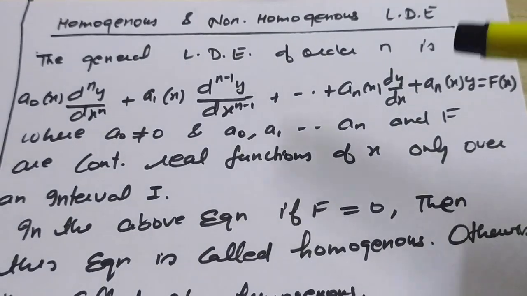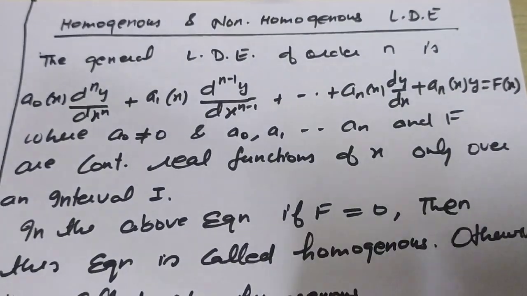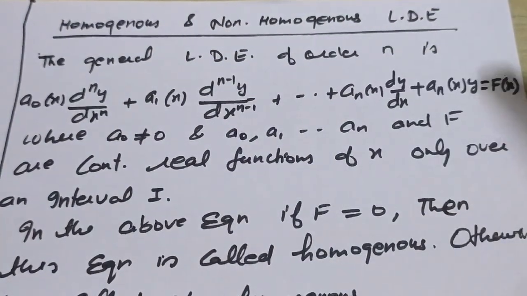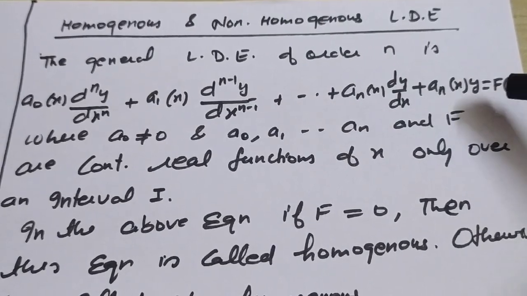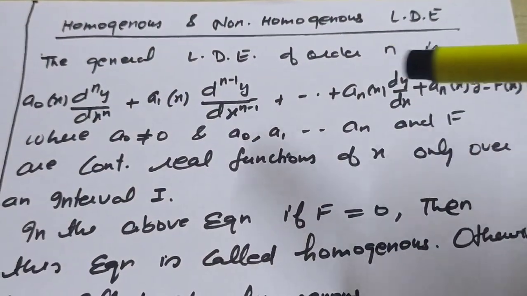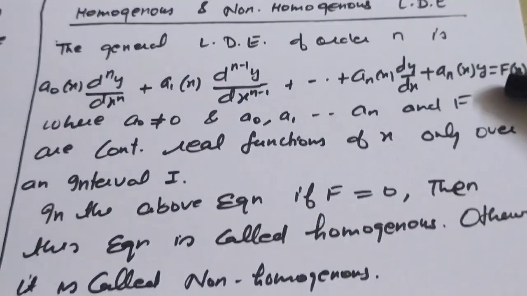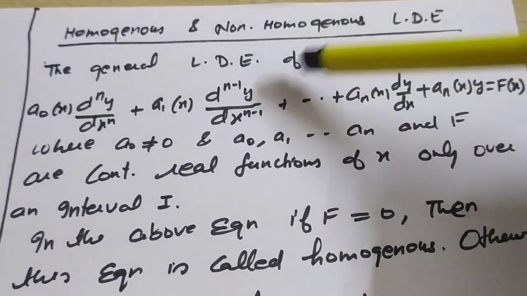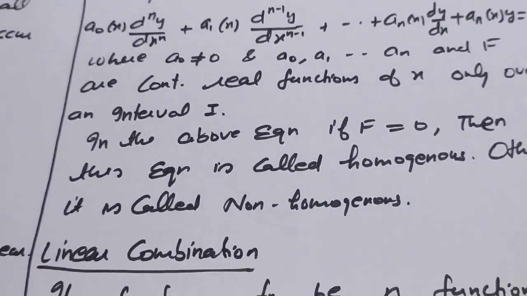If in this equation this F(x) is 0, then you say that this LDE is homogeneous. If it is non-zero, then it is not homogeneous. If it is not homogeneous, then F(x) should not be 0. So this is all about the homogeneous and non-homogeneous linear differential equation.